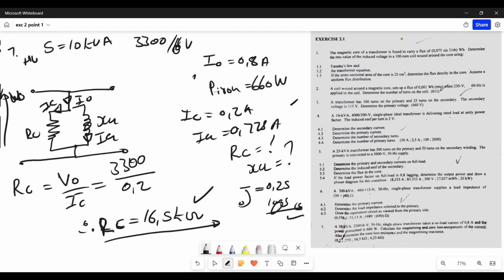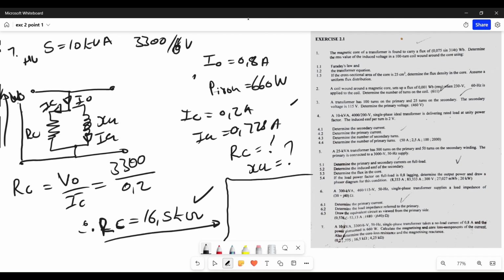The thing that we need lastly is the magnetizing reactance. I hope I'm making sense here. It's very important for you to understand. I wish I had started this question earlier. So for XU, as you can see, VO is across this.